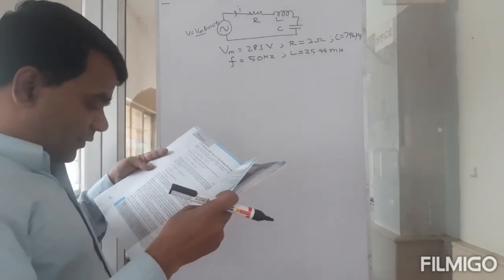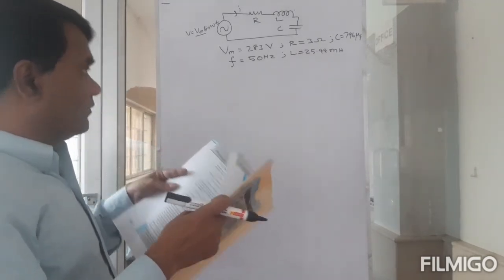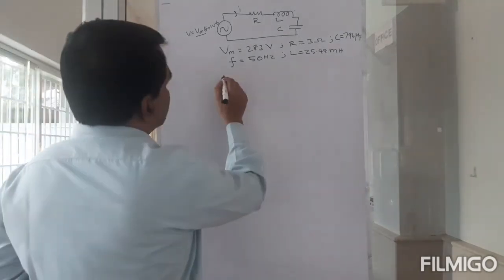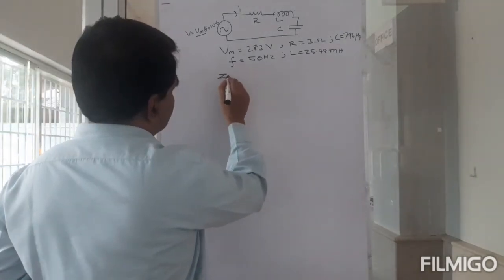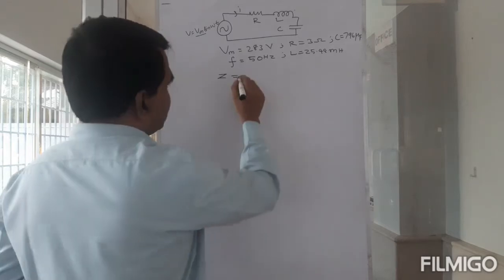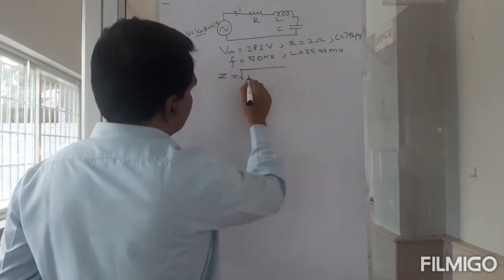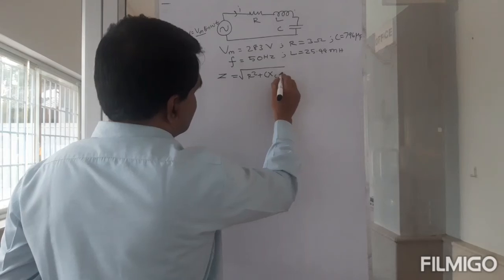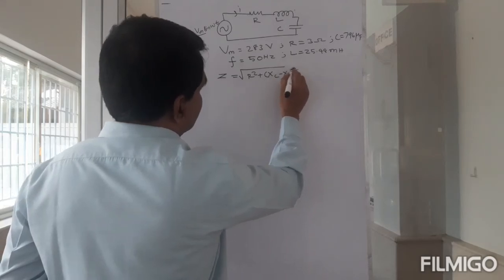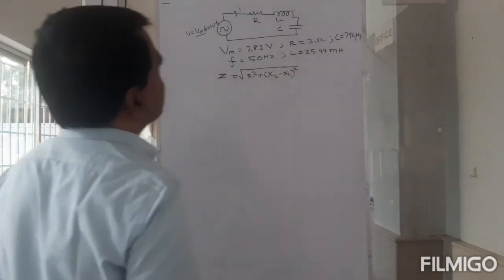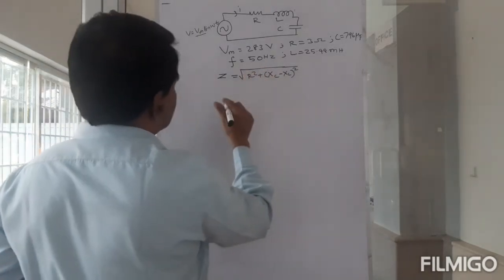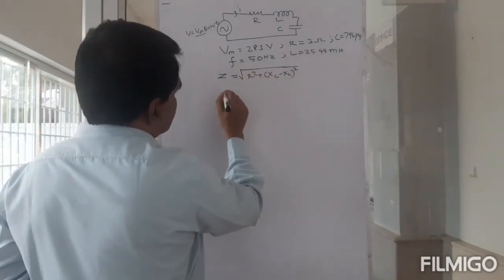Then they want you to find the impedance of the circuit. So what is the impedance of the circuit? Z is the impedance. Impedance is equal to square root of R square plus XC minus XL the whole square. R value is given, so I need to find XC.